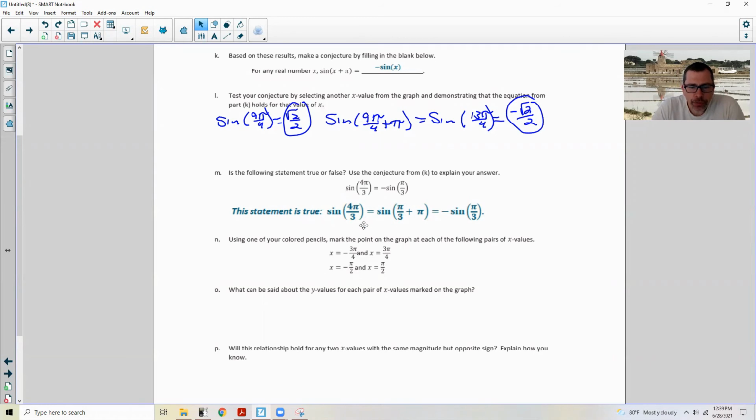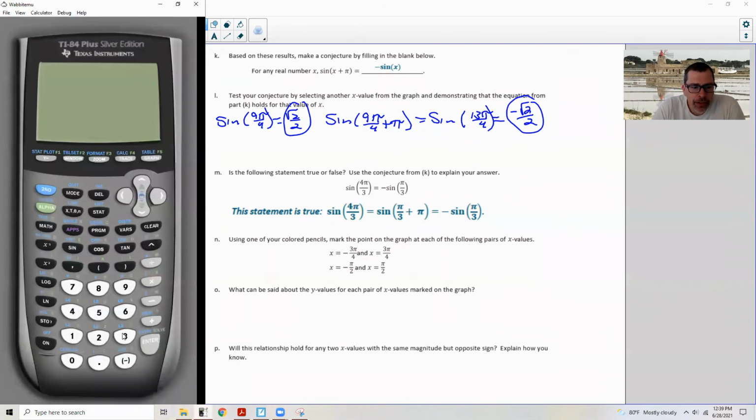So that is true. And I could check it with my calculator. Remember, we're talking radians now, so we want to be in radians here. And then I take the sine of 4 pi divided by 3, and I get negative 0.8660.